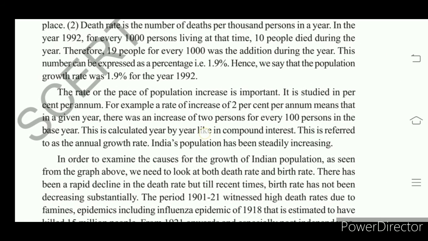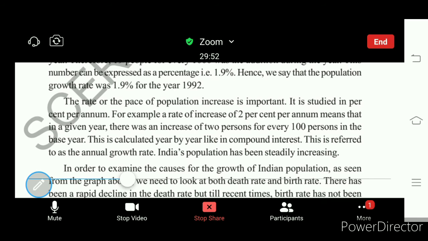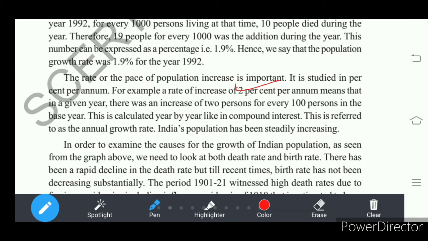Look here, my dear students. A rate of 2 percent per annum means there was an increase of 2 persons for every 100 persons in the base year. Understand? This is what 2 percent per annum is. So this is calculated like compound interest. So it refers to the annual growth rate.